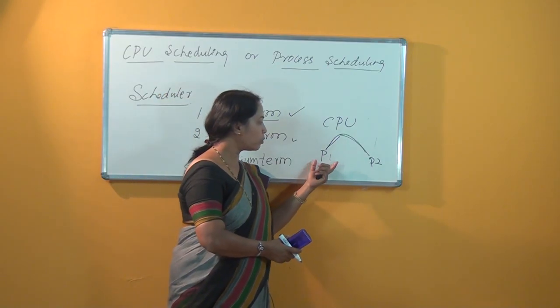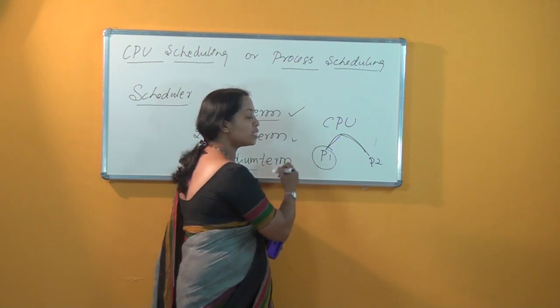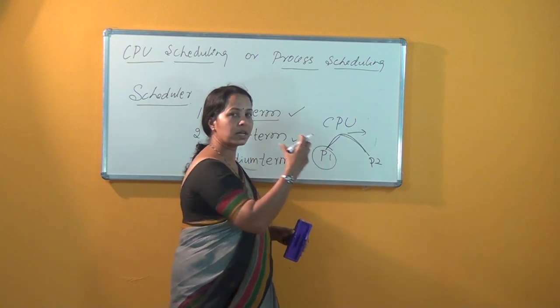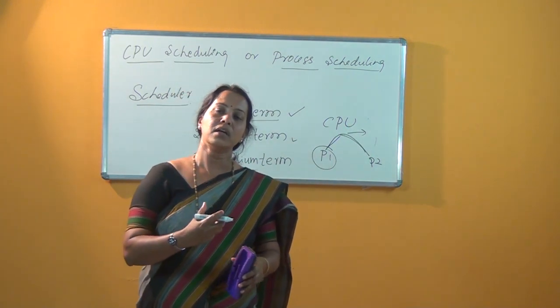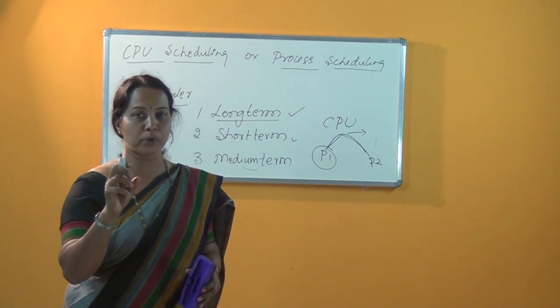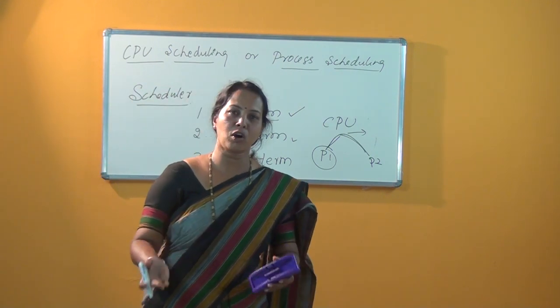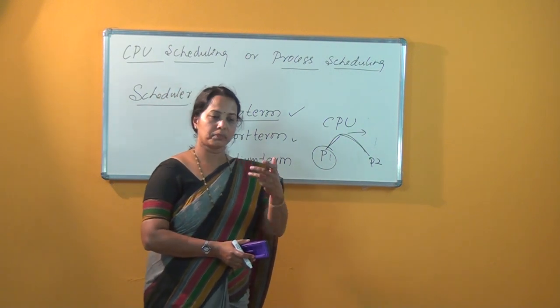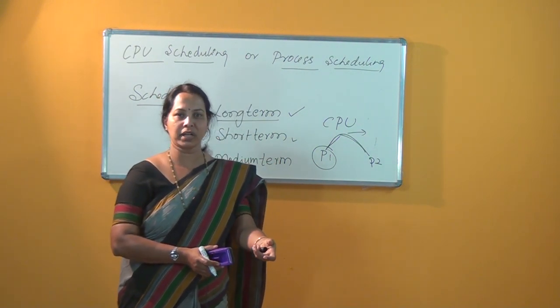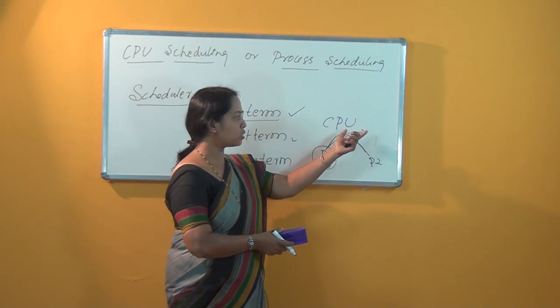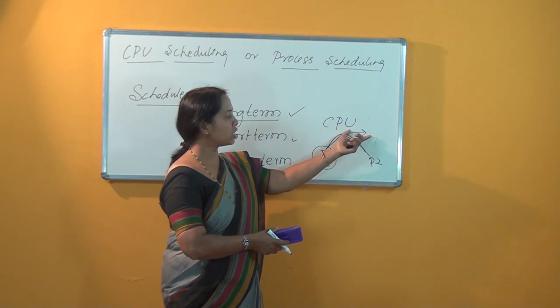During that time, the information regarding the process is stored in the registers. The CPU register contains the needed information about the process for execution, memory management information, or the instruction that is to be carried out next, like that. Those information are stored in the CPU register.